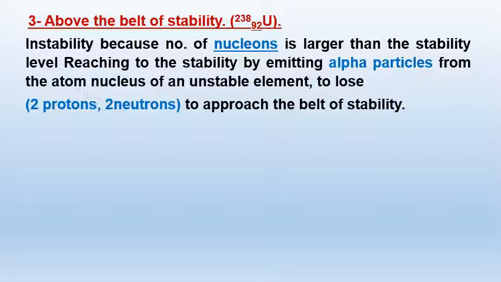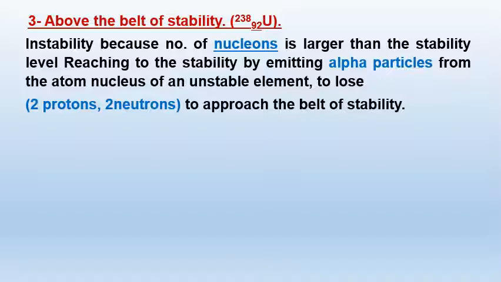The number of protons and neutrons together, the particles inside the nucleus. To reach stability, they must emit an alpha particle from the atom nucleus. Okay? They lose 2 protons and 2 neutrons to approach the belt of stability.